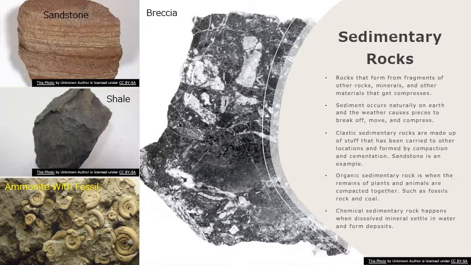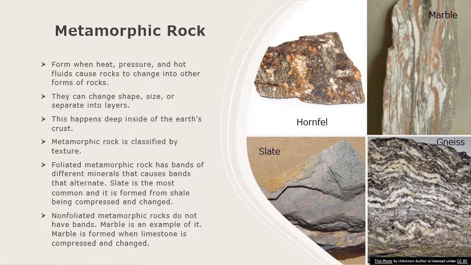This happens when dissolved minerals settle in water and form deposits. So think about what is going on here with sedimentary rocks. These are pieces of the earth that just kind of break off. A lot of times they'll travel to the bottom of a river and sit there at the bottom of the river for a very long time.